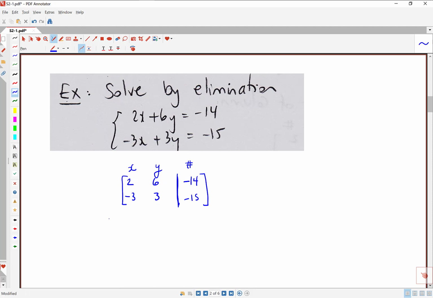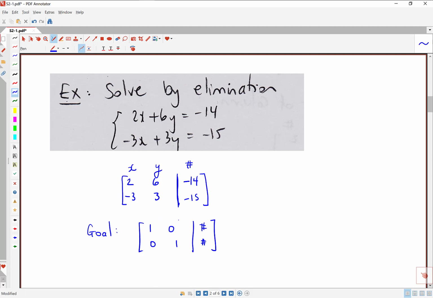Now the plan is to do some row operations, and we'll talk about those in a minute. We're going to perform some operations on this matrix, and the goal is to get something that looks like this on the left side of the system. We want ones along this main diagonal, zeros everywhere else, and we'll have some numbers on the right side.